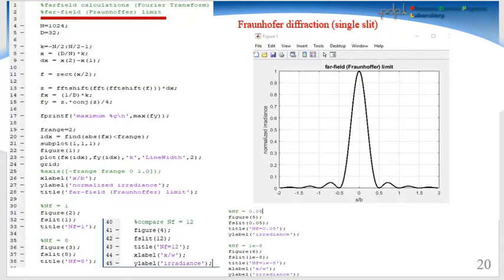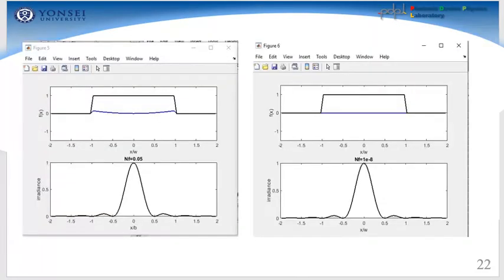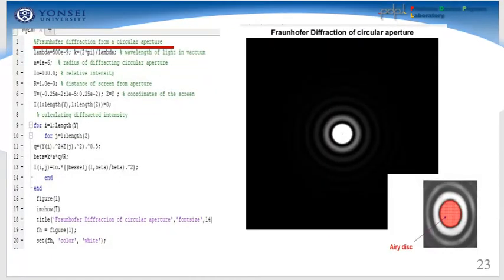And far-field diffraction using the Fourier transform for a single slit. Again in this code I also use different Fresnel numbers. And the last one is Fraunhofer diffraction of a circular aperture.